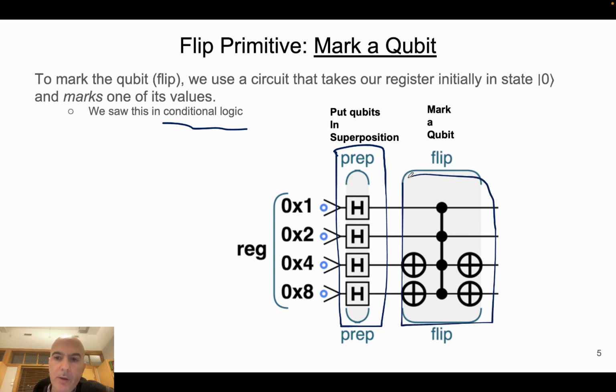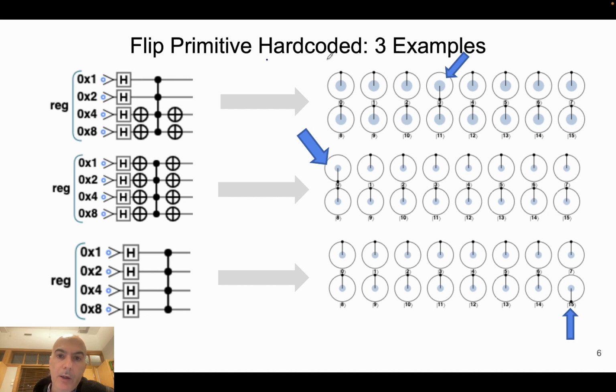This flip operation is hard-coded, so there are different quantum circuits to provide different flipping of different qubit states. In this particular case, this quantum circuit allows us to flip quantum state 3.